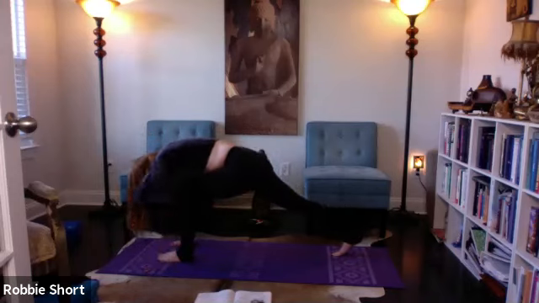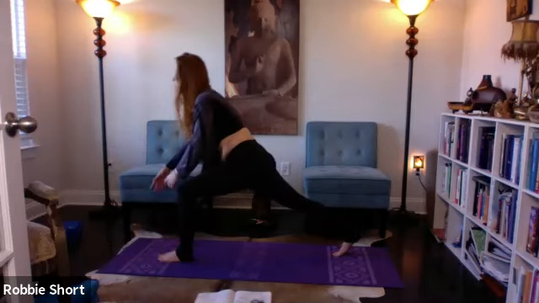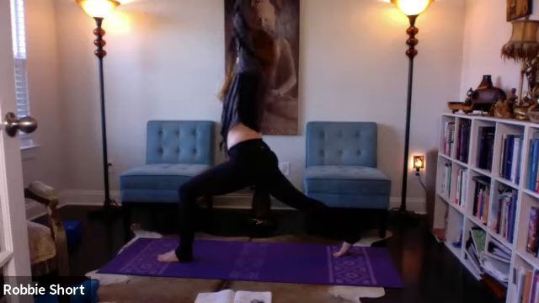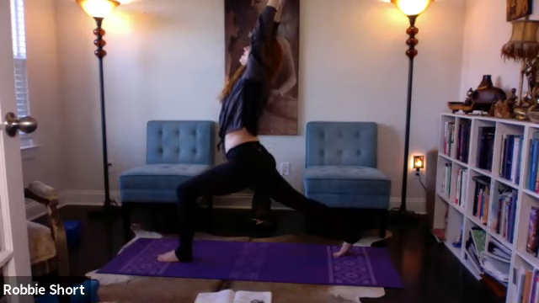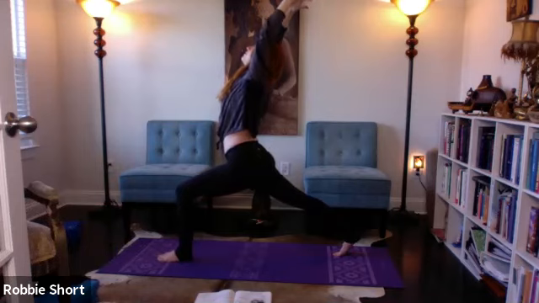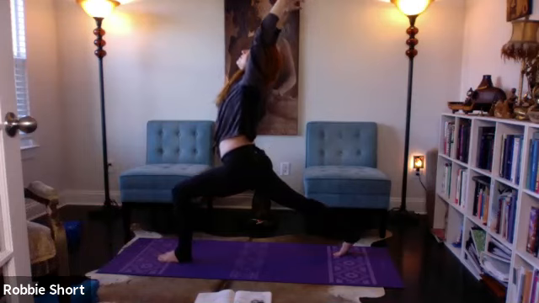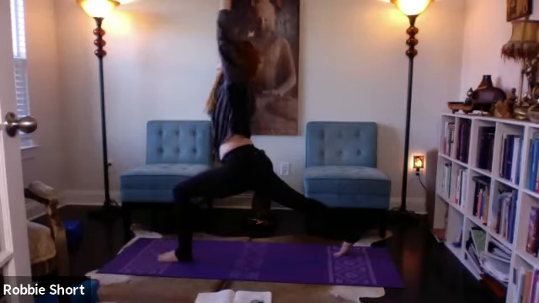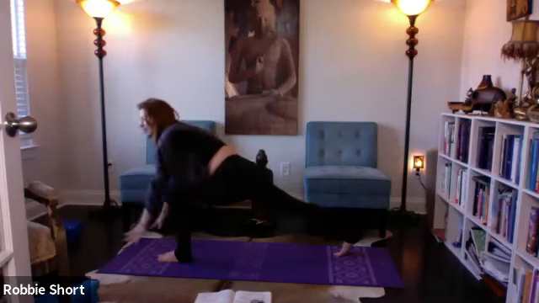When you take the next lunge, we're coming up to crescent. Maybe striking the back bend with it. Exhale, bring the hands down.